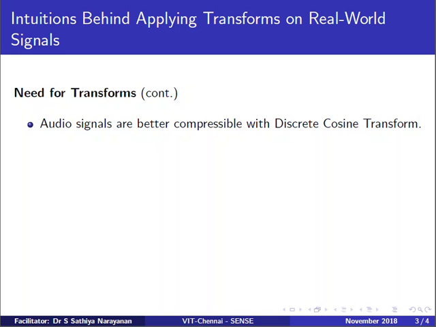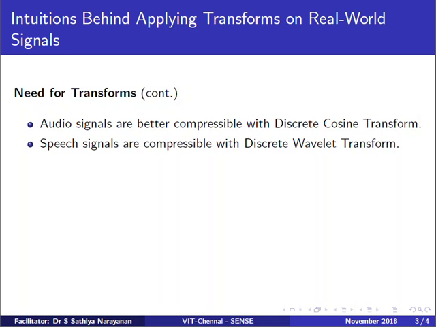But when subjected to the discrete cosine transform, or simply the DCT, it will have a compact representation. That means very few DCT coefficients will have the maximum amount of information. Therefore the remaining coefficients can be discarded, and only those coefficients containing the important information can be transmitted, thereby achieving compression.